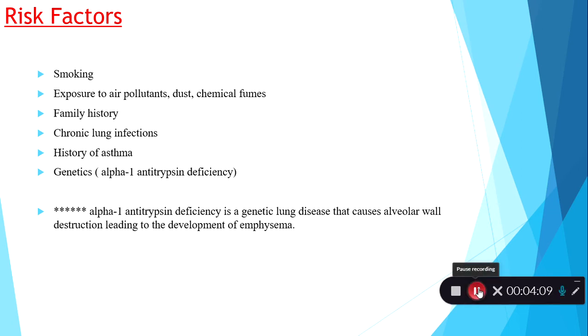Other risk factors include exposure to air pollutants, dust, chemical fumes, a positive family history of COPD, chronic lung diseases or infections such as pneumonia or bronchiectasis, a history of asthma, and also a genetic disorder called alpha-1 antitrypsin deficiency. In alpha-1 antitrypsin deficiency, the alveolar walls are destroyed leading to emphysema.